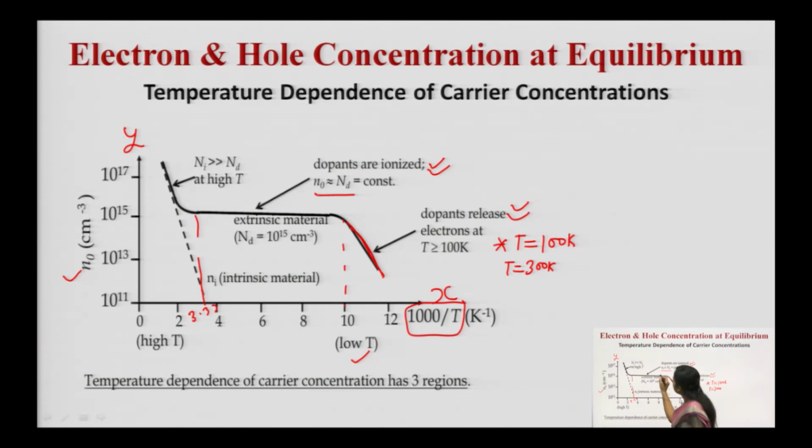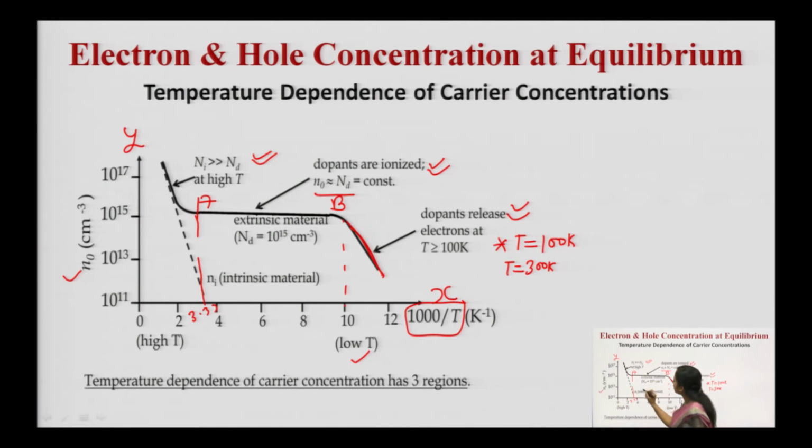So in this region, from A to B, it behaves as an extrinsic material, and if you keep increasing the temperature, this term will decrease, and after a certain point Ni, the intrinsic concentration, will be very high in comparison to the donor concentration ND.